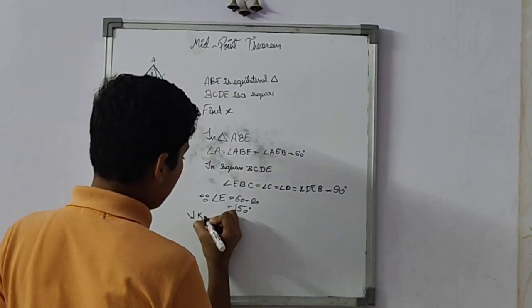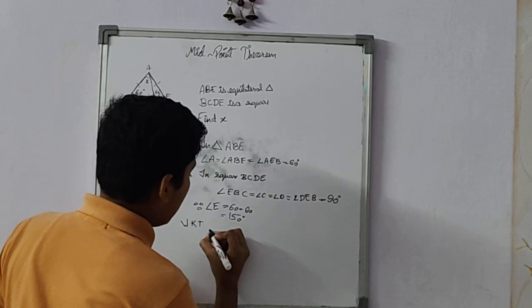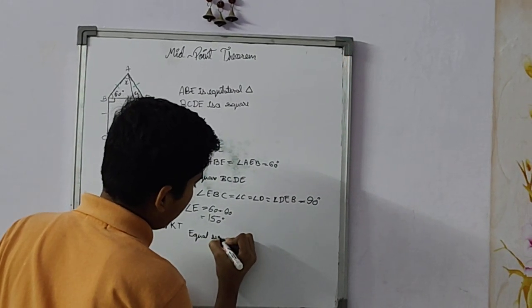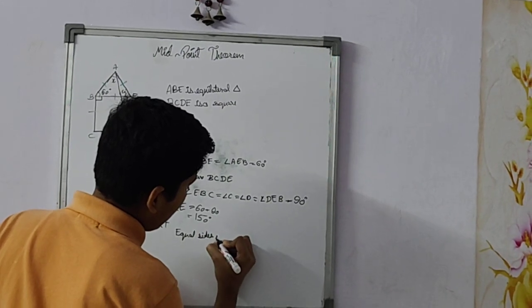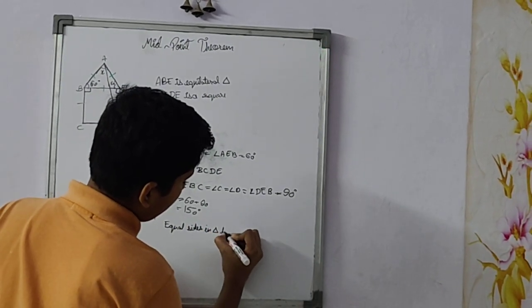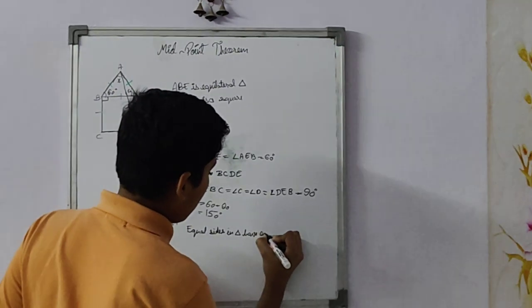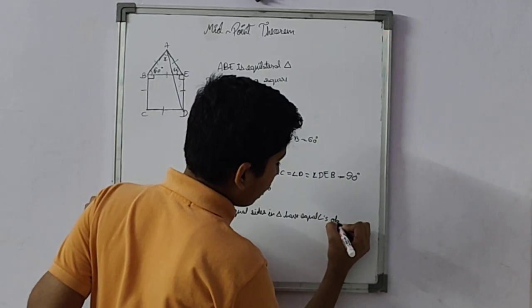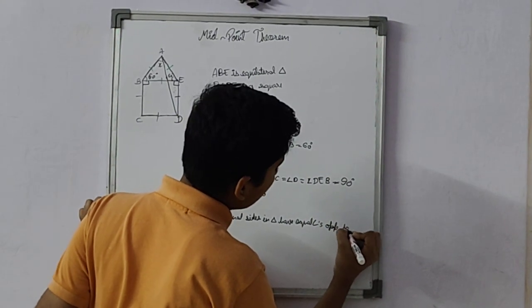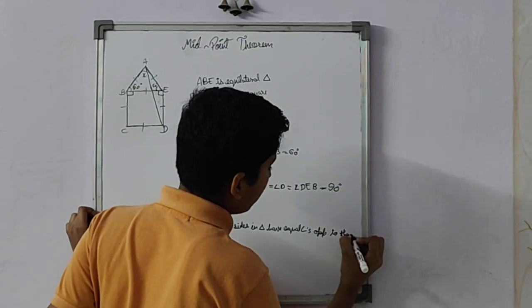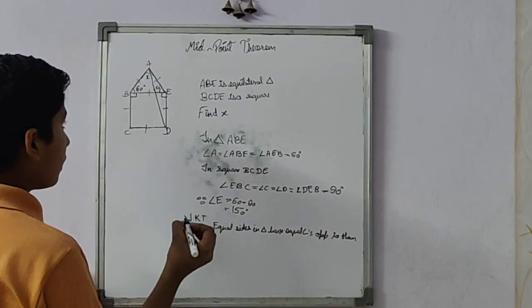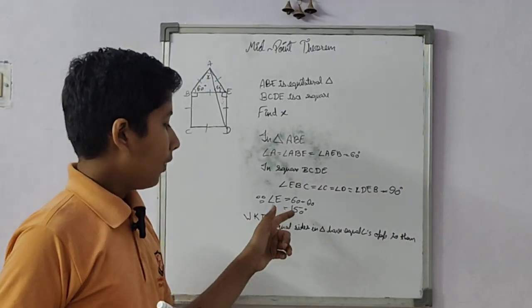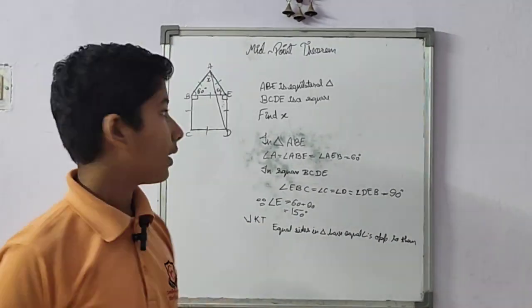We know that equal sides in a triangle have equal angles opposite to them, which means these two angles will be equal. 180 minus 150, what is it?